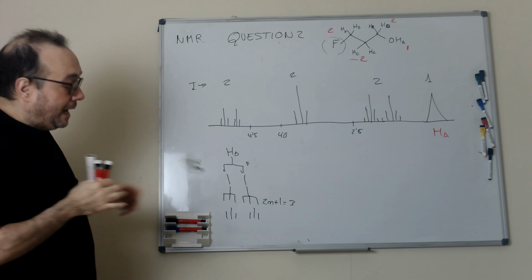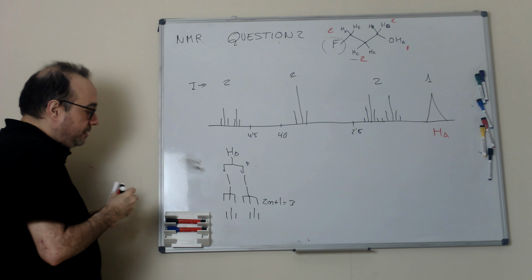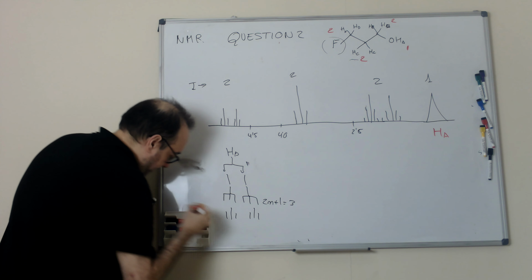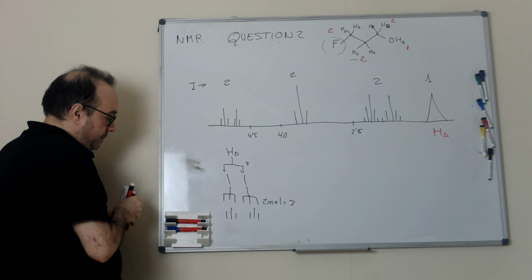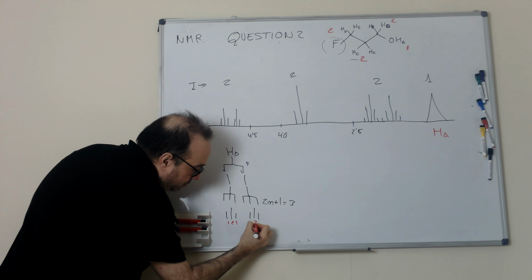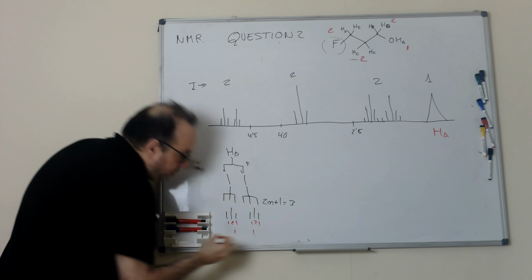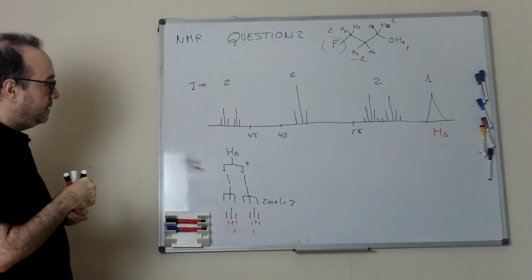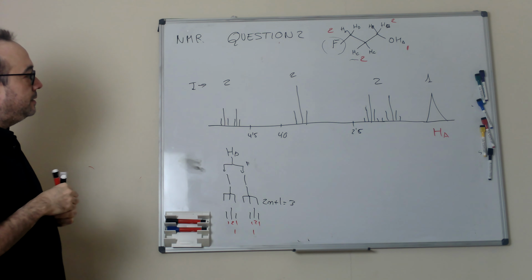The integration of these triplets has to be 1 to 1, 1 to 1, and these 2 triplets will be 1 to 1.